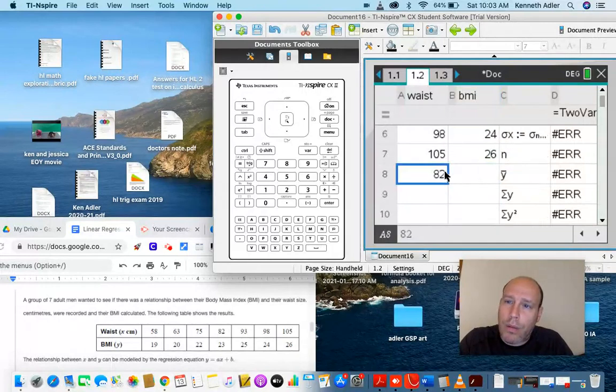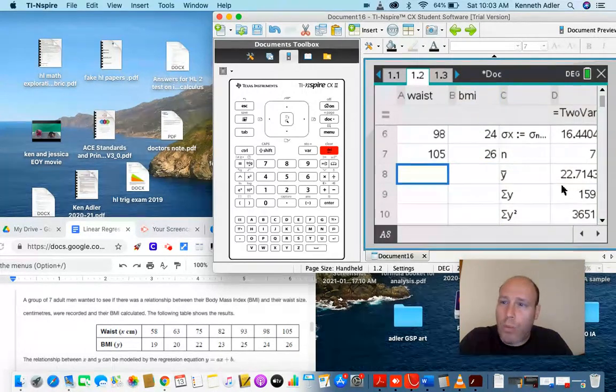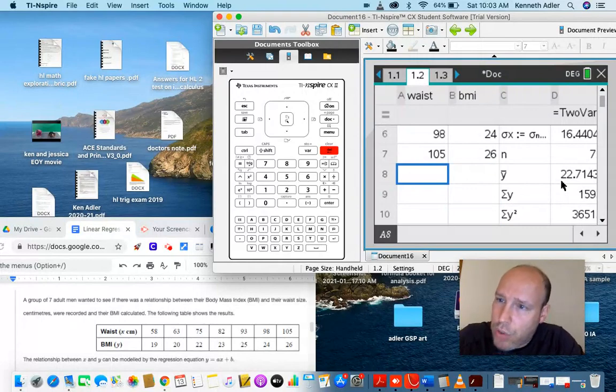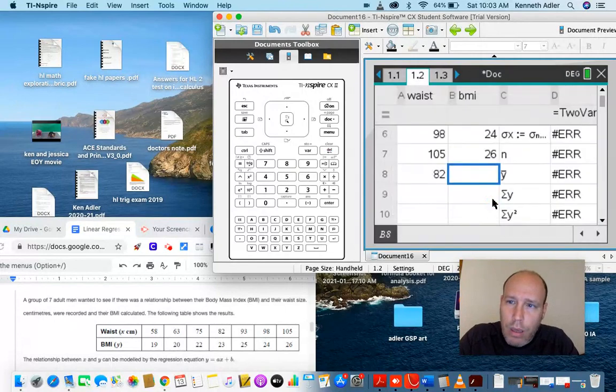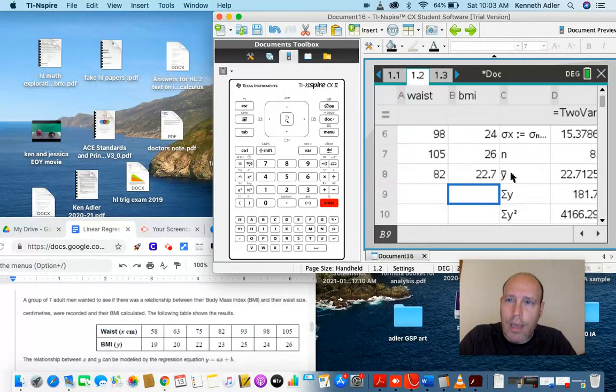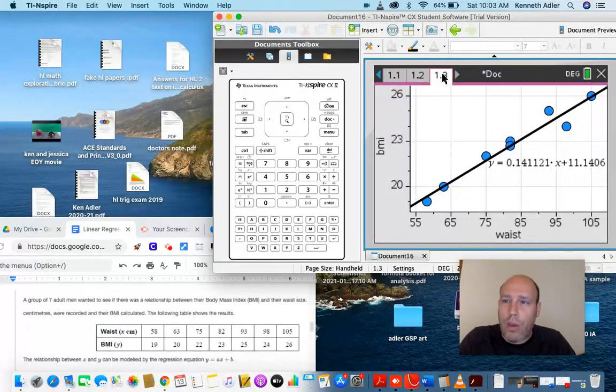So we had 82 and the Y mean, 22.7. Nice. Now let's go back to our diagram. You'll notice, not coincidentally, that the line of regression actually passes through the mean point.